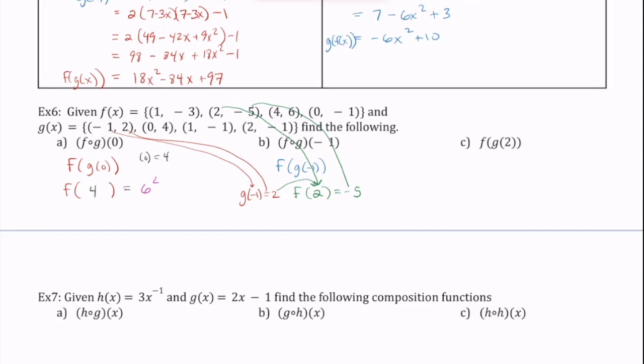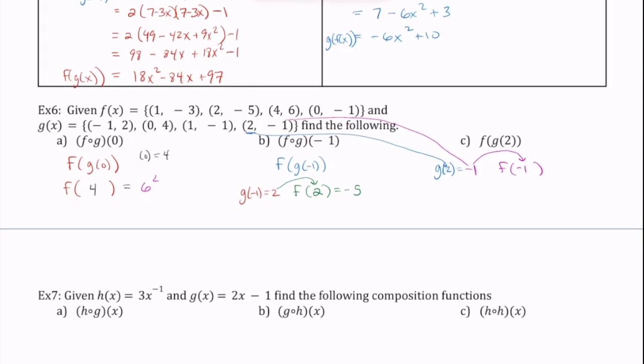All right, let's do one more. Hopefully this question is going to arise here. So let me think about g of 2 for a second. I'm going to erase these lines here to clean this up. So g of 2: I'm inputting 2, I'm getting an output of negative 1. Now I have f of g of 2, which we just said is f of negative 1. So now I'm going to go to my function f and find negative 1.